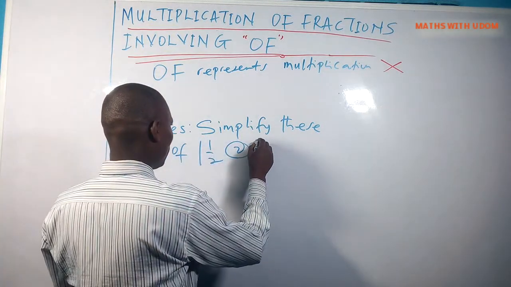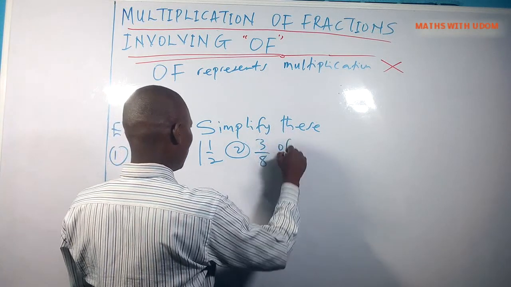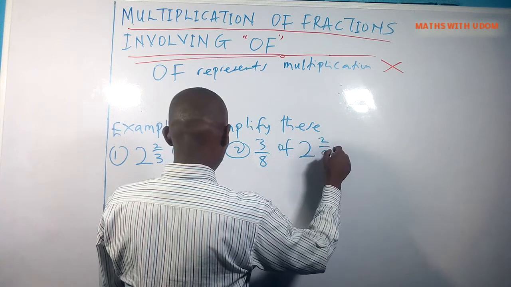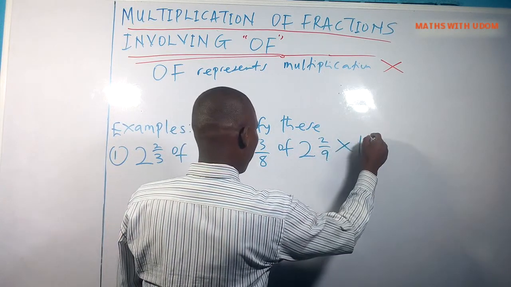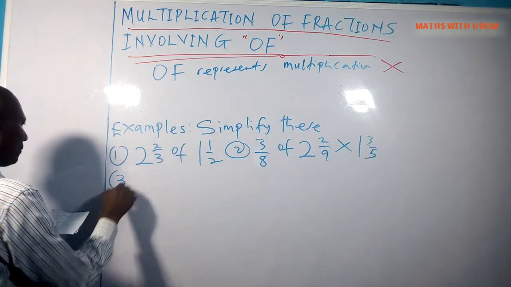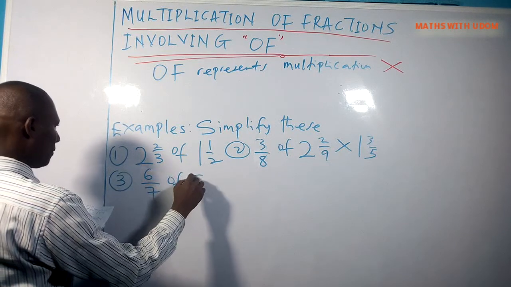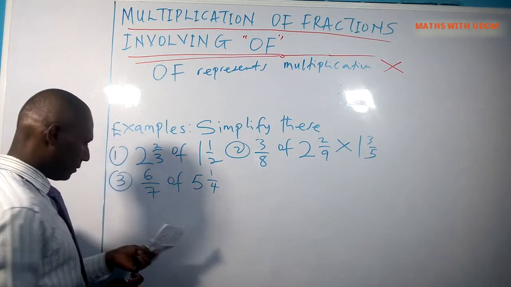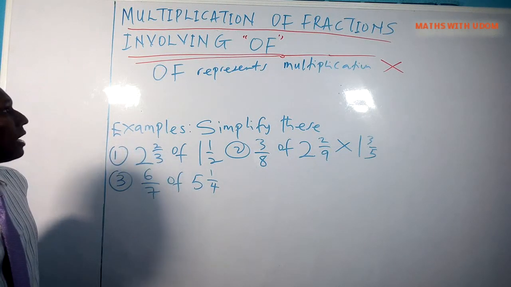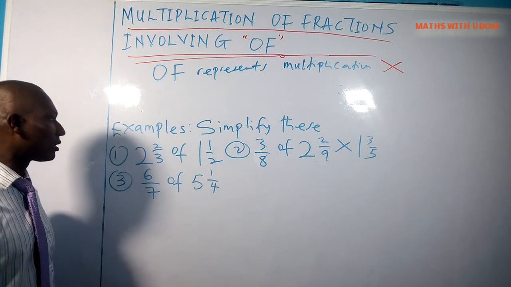Number 2, 3/8 of 2 and 2/9. And then number 3. So these are our examples for this problem. Okay, so we have to solve the following fractions.